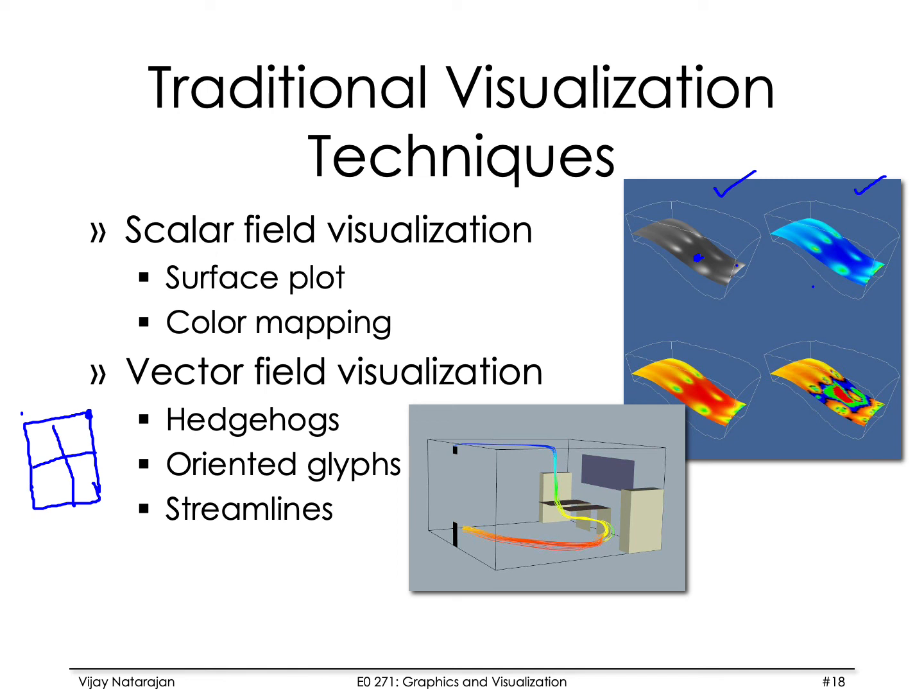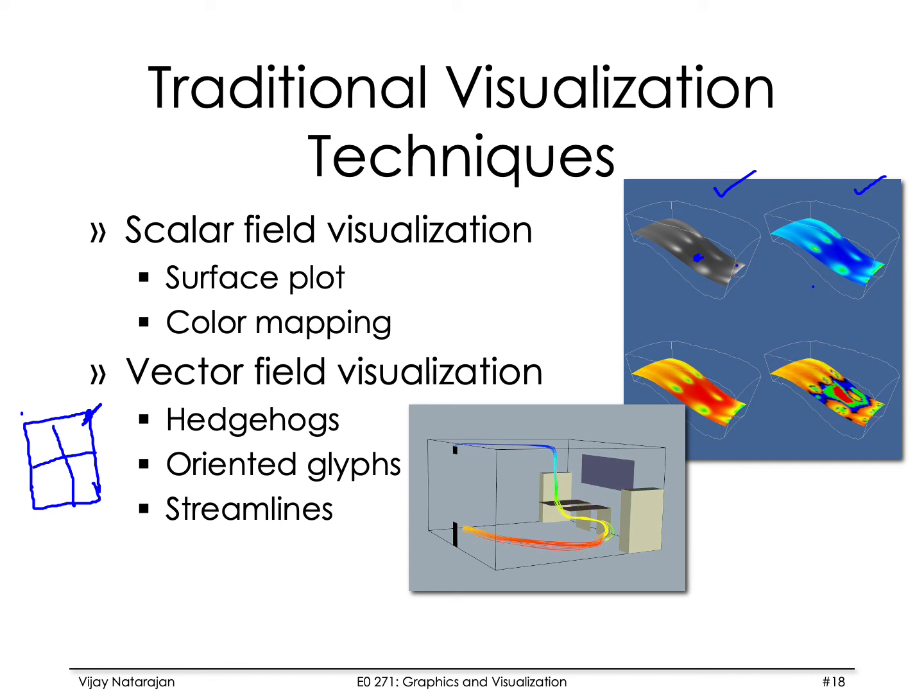The vector can be represented as an oriented line. So that's the vector, and a collection of such oriented lines could be a way to visualize the vector field. This is called a hedgehog. These hedgehogs could be modified into arrows, and then you have oriented glyphs.